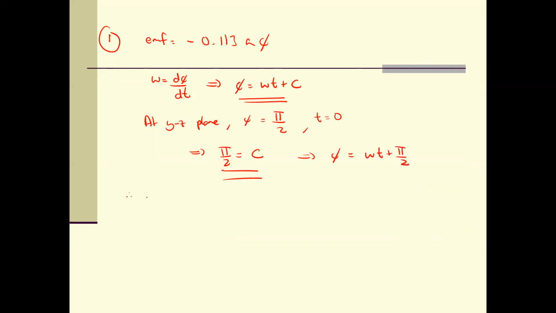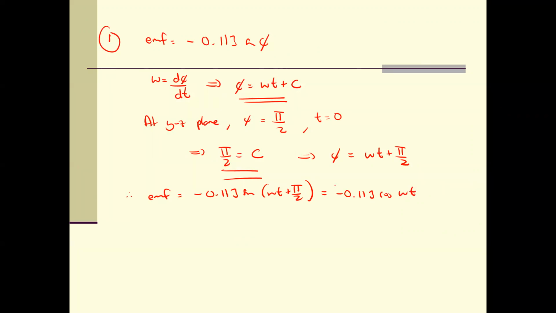So for this, we can write that the EMF is equal to negative 0.113 sine of omega t plus pi over 2, which we can rewrite as negative 0.113 cosine of omega t.